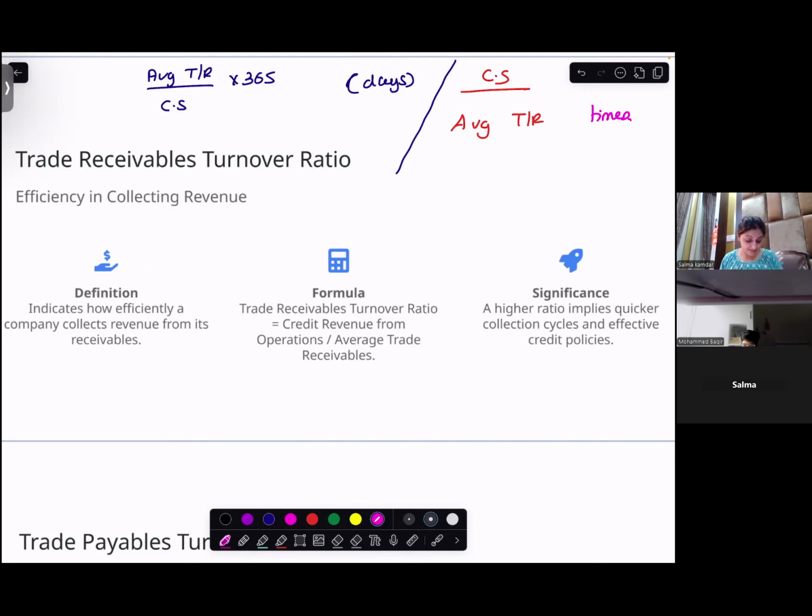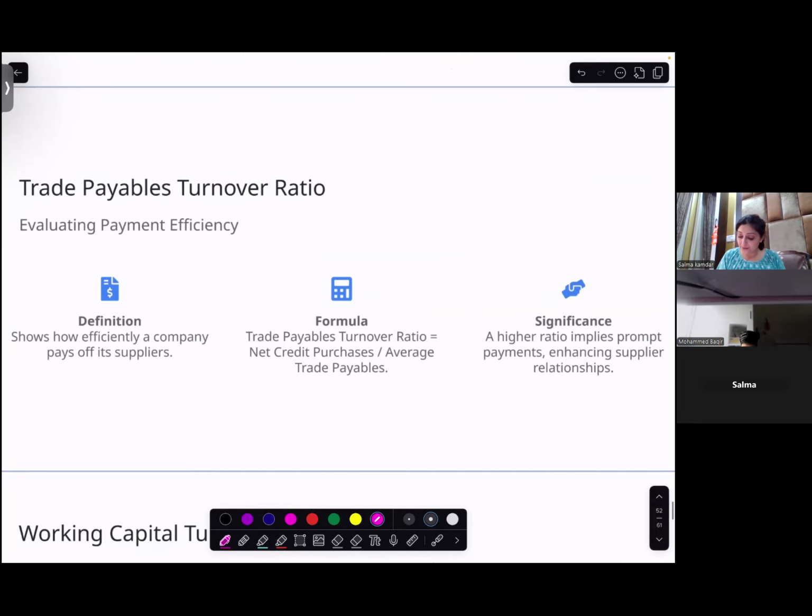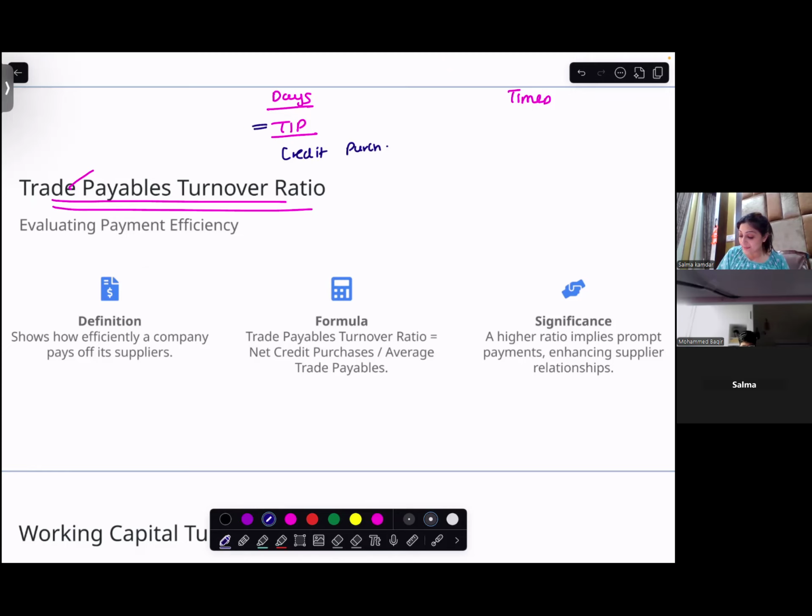Now, trade payables turnover ratio. Again, this would be in days and times. Just take the trade payables over credit purchases. And this trade payables is average trade payables, okay? Into 365.